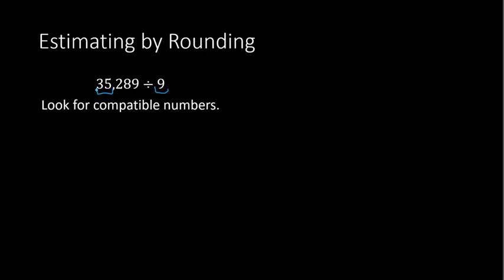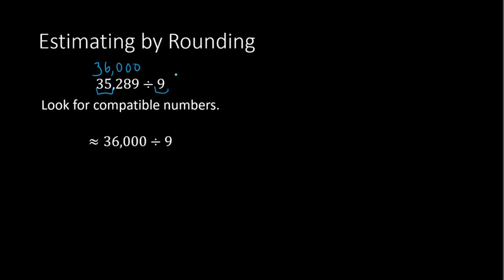Because you can't do 35 divided by 9 without a remainder. But you could do 36 divided by 9, because 4 times 9 is 36. So you could put a 36 here and then follow it with zeros. And we can estimate by rounding to 36,000.